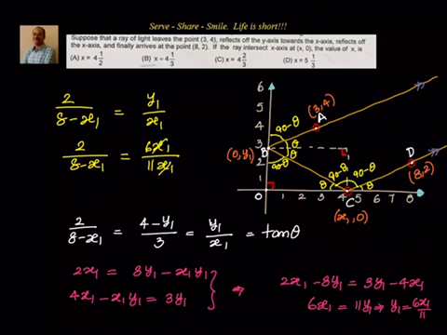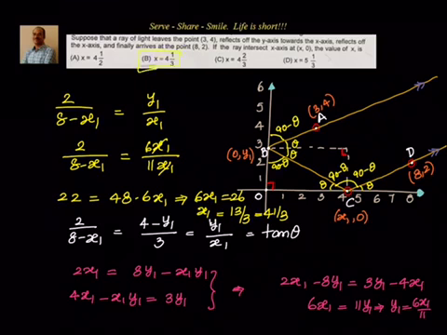When we do cross multiplication, we get 22 equal to 48 minus 6x1, or can I say 6x1 equal to 26, or x1 equal to 26 by 6 or 13 by 3, which is equal to 41 by 3. So the solution is B here.